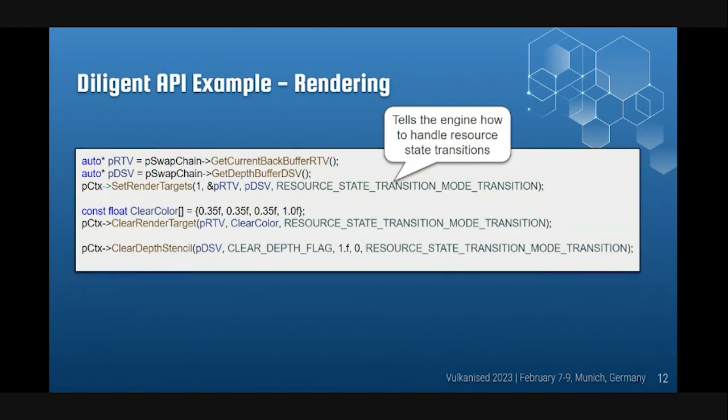In the majority of situations, especially if you're starting an application, you probably don't want to care that much about the states, and the engine can handle this for you.